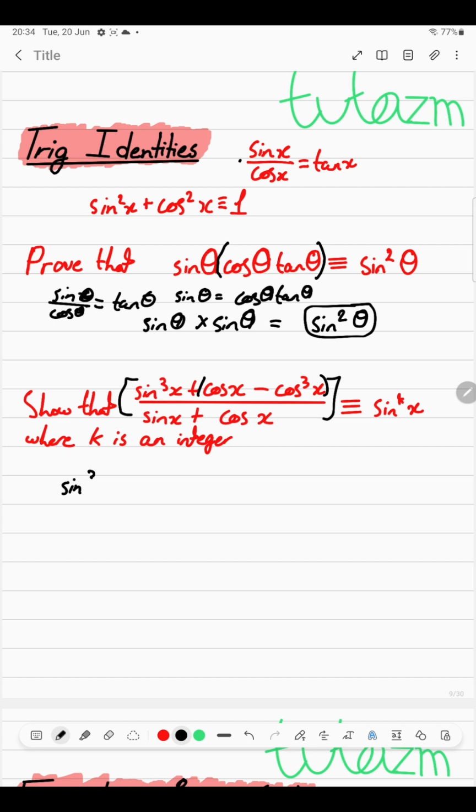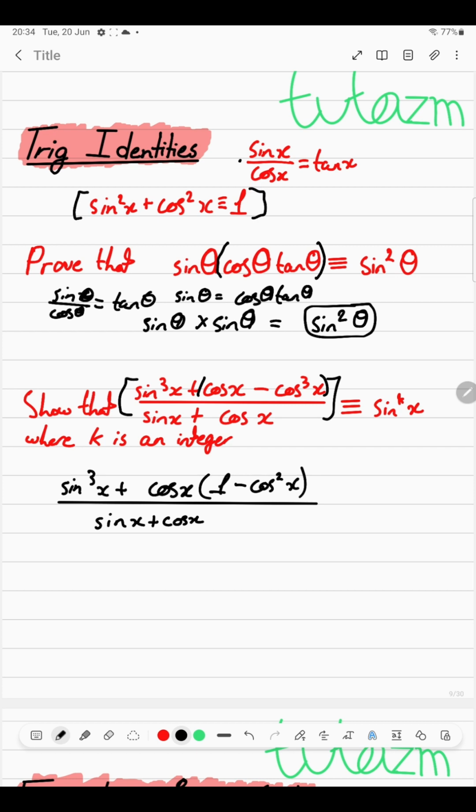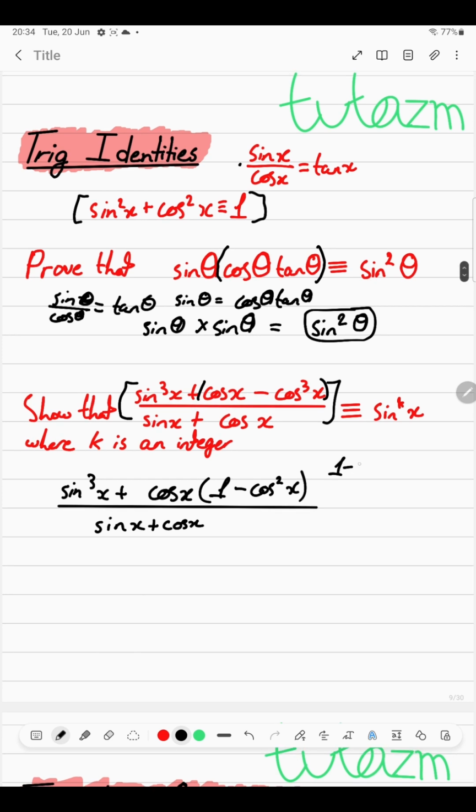So it'll be sine cubed x plus cos x (1 minus cos squared x) all over sine x plus cos x. Now this part here, 1 minus cos squared x, is just the rearranged form of this. So we can just make a side note here that 1 minus cos squared x is equal to sine squared x.